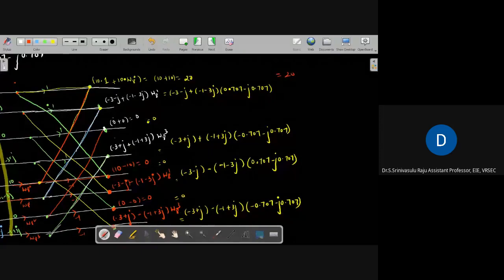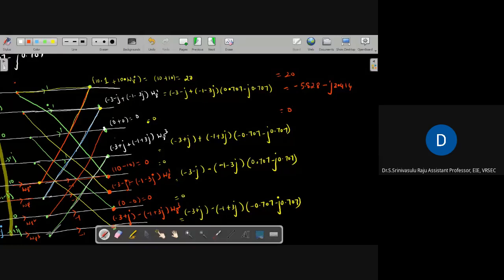So 20, and here we have minus 5.828 minus j 2.414. Here we have 0, and here we have minus 0.172 minus j 0.414, and here we have 0, and here we have minus 0.712 plus j 0.414.